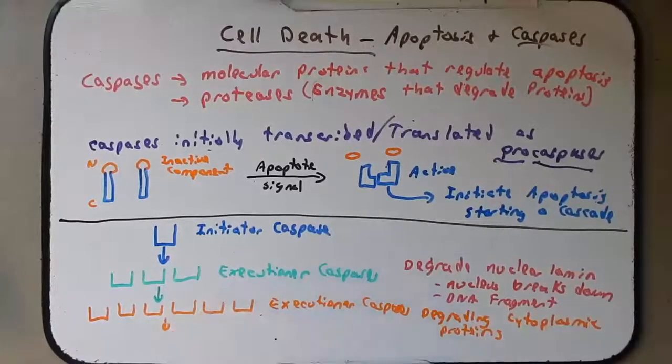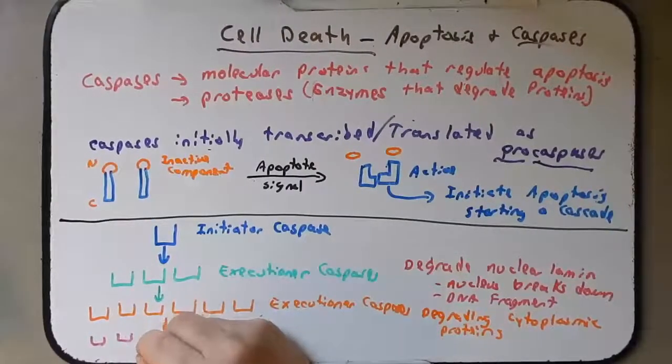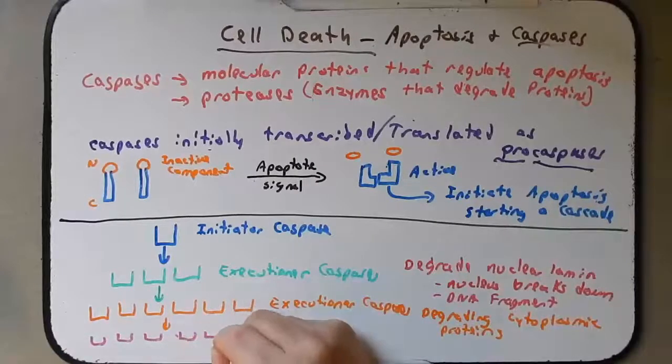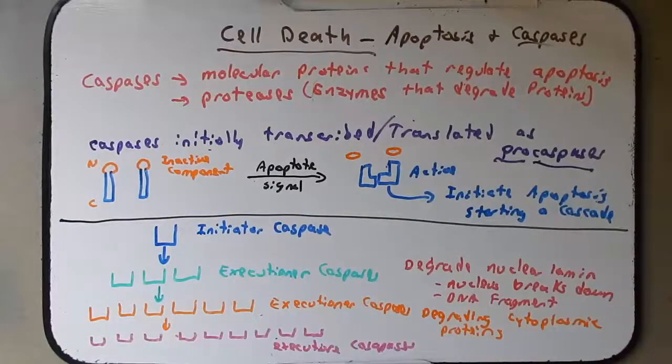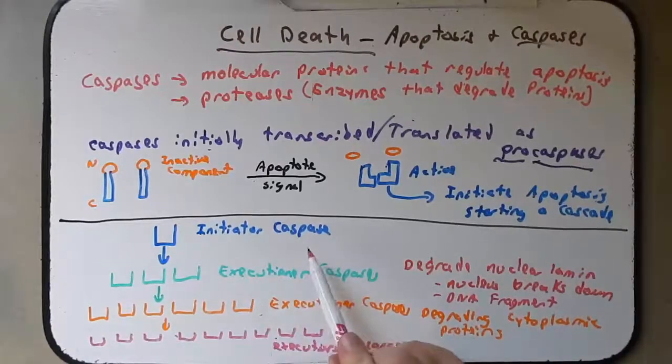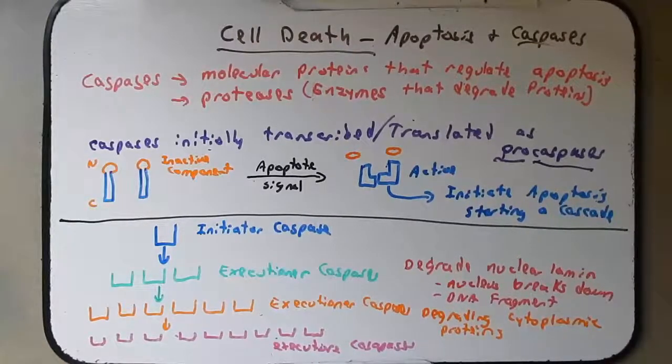These then may go on and activate even more executioner caspases involved in a different step of apoptosis. In this way, by activating this initial initiator caspase, you set the downstream events, irreversible events, to begin to kill the cell cleanly without causing inflammation.